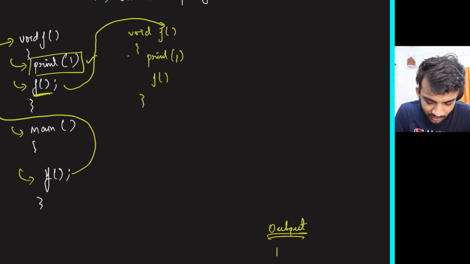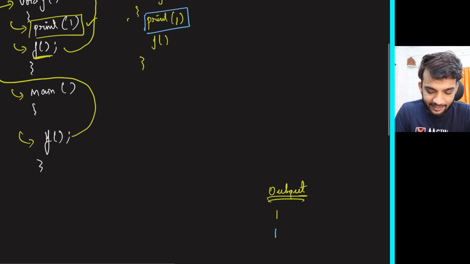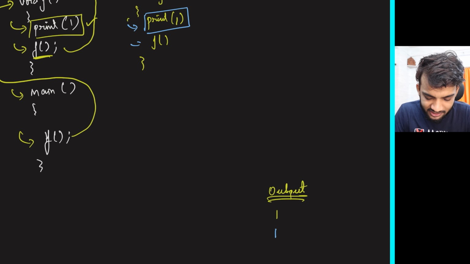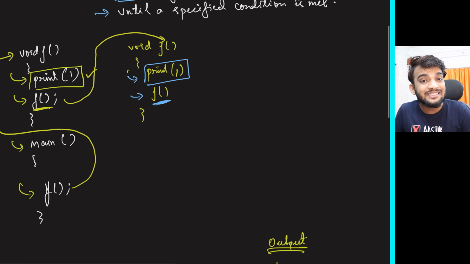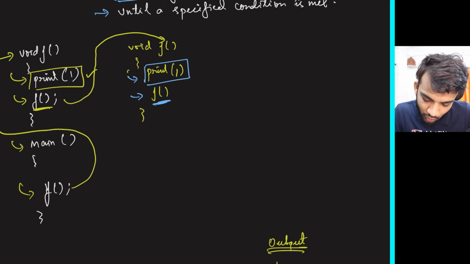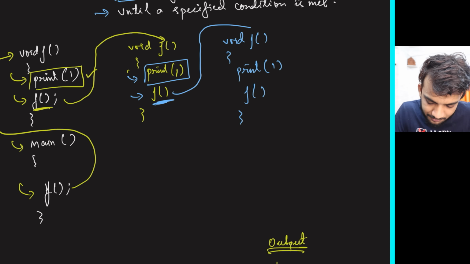And again this first line is executed, so again there will be an output of 1. And after this line is executed, it again calls the same function in memory. So if I write down the f function again, print 1, f again. This f will now go and call it.